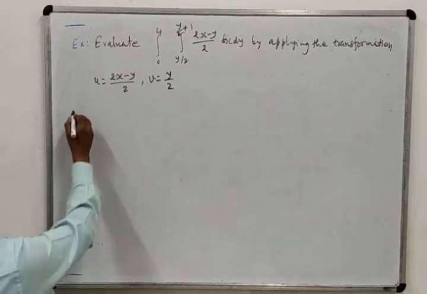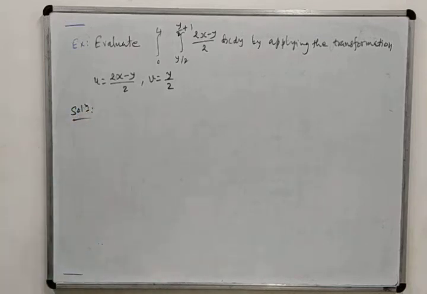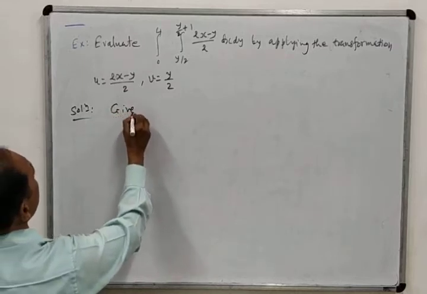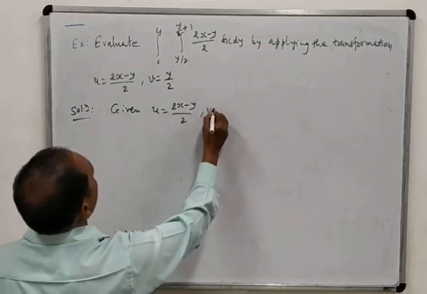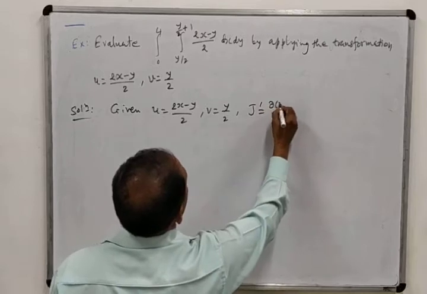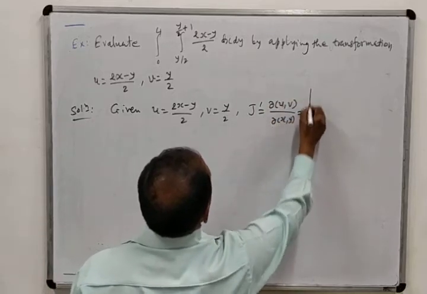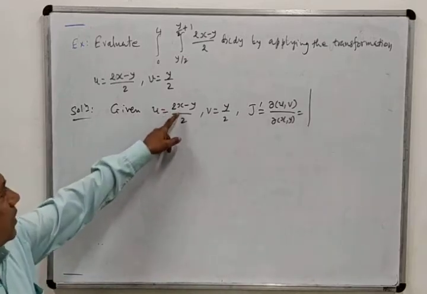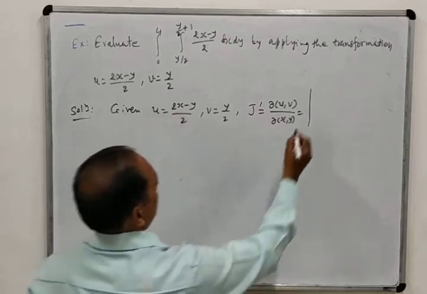So now the solution. Here we are directly given u equal to 2x minus y by 2 and v equal to y by 2. So here J dash is better to obtain. J dash means del u v by del x y, as we were finding, and it is the determinant. In the first row, the derivative of u with respect to x and y. The derivative with respect to x is 2 by 2, that means 1.